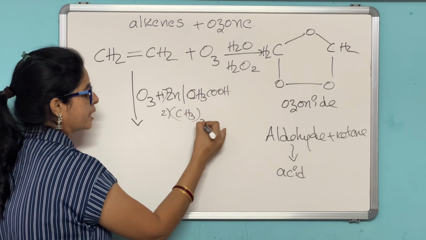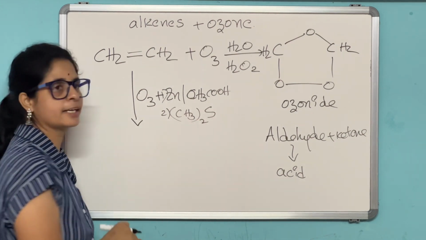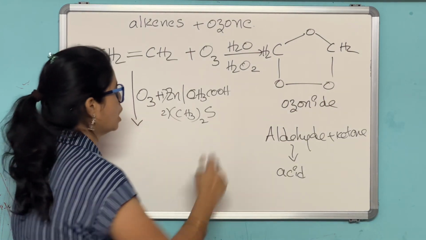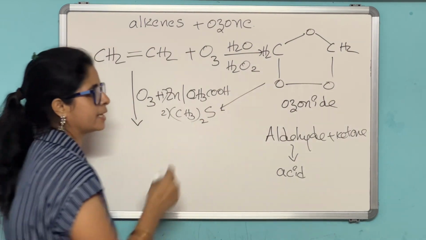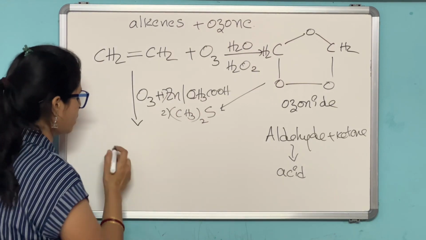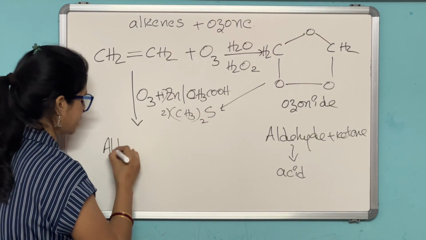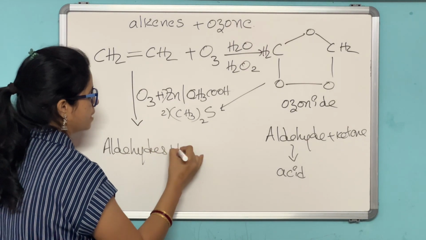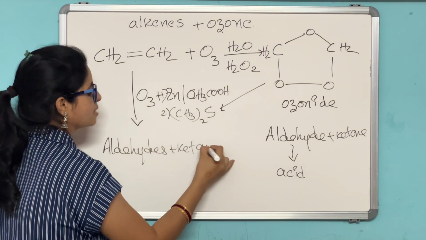These are the reductive ozonolysis conditions. After the ozonide forms, which is unstable, if you take these two, the products are aldehydes and ketones. That's it. Aldehydes plus ketones. These are some rules.